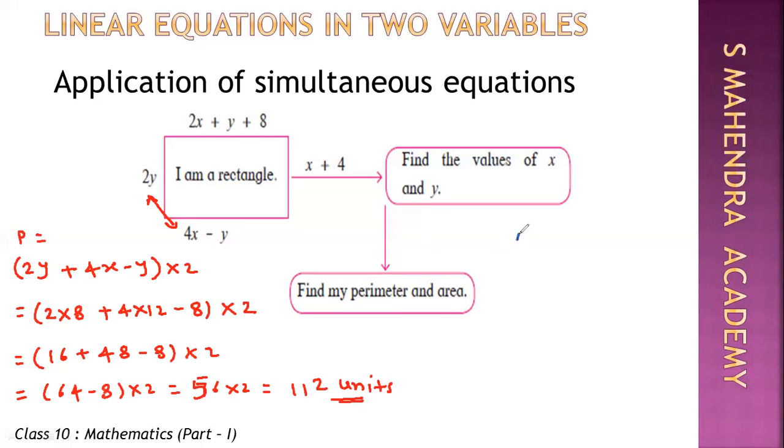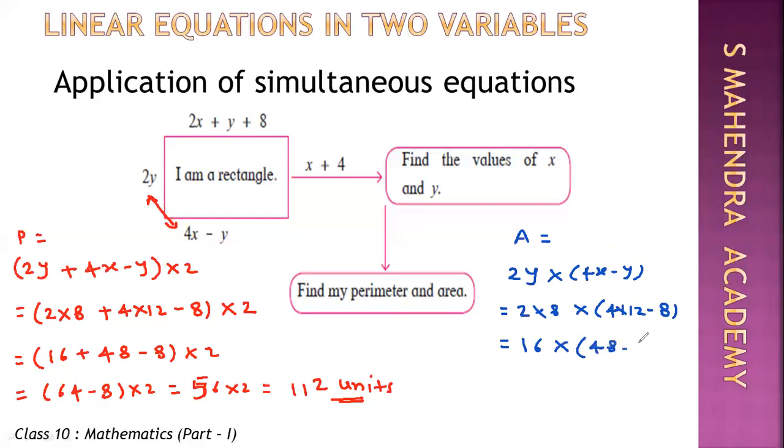rectangle, we have to multiply the two sides, that is 2y into 4x minus y. So here the value of y is 8 and the value of x is 12. So the answer will be 16 into 48 minus 8.